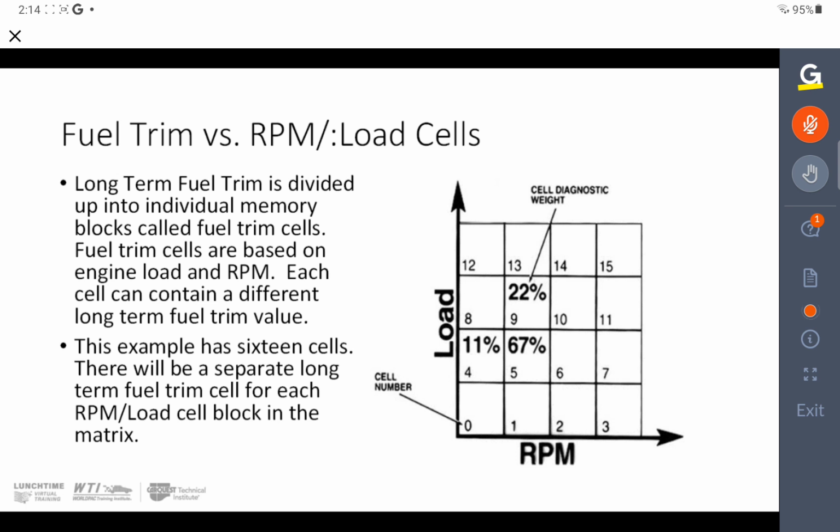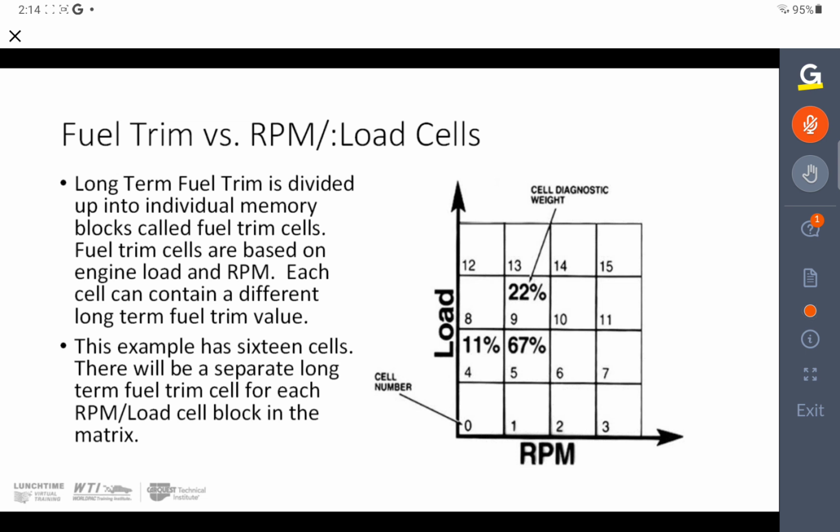For this particular manufacturer and make, 22% of the time that it's testing the purge valve on this car, it's going to be operating in cell 9. 67% when it's testing the purge valve, it's going to be in fuel trim cell number 5. And 11% of the time when it's testing the purge valve, it is going to be in cell 4.